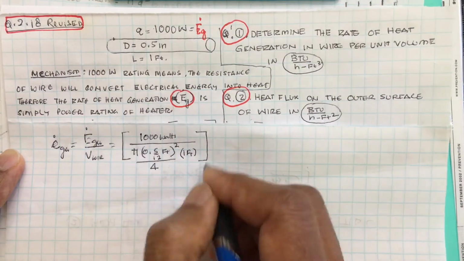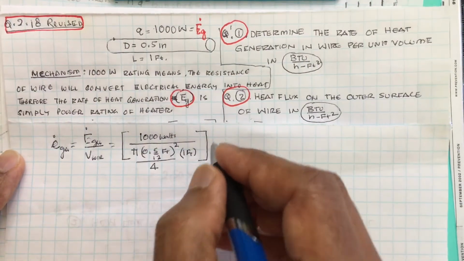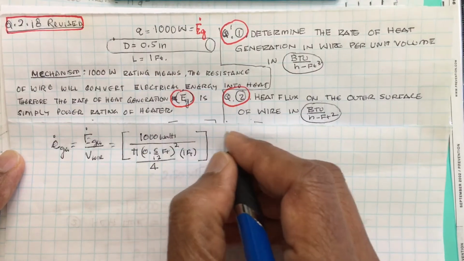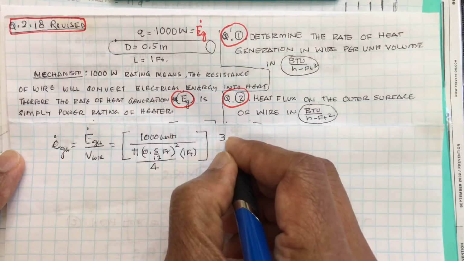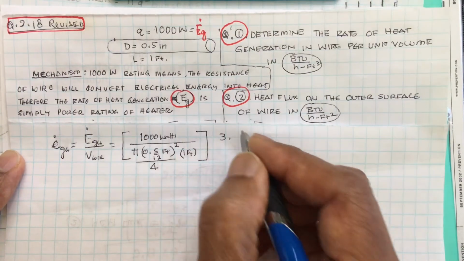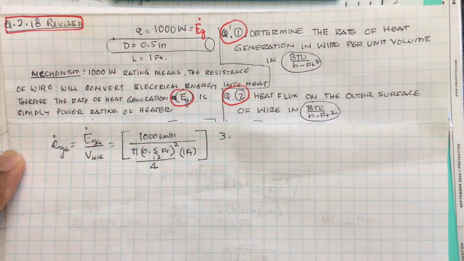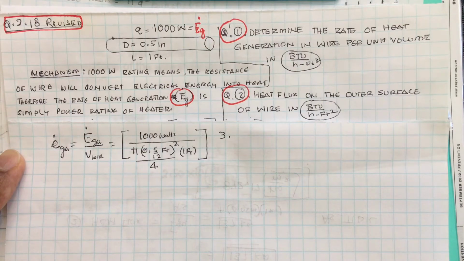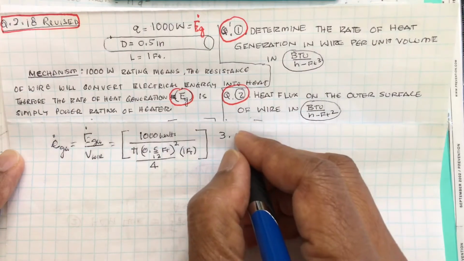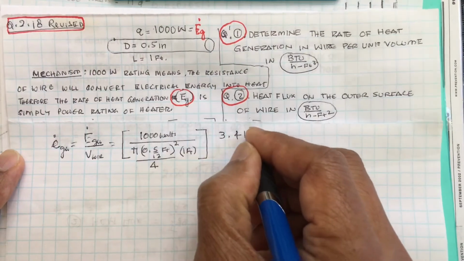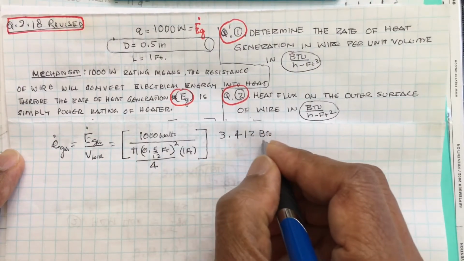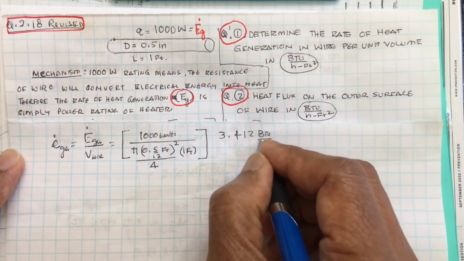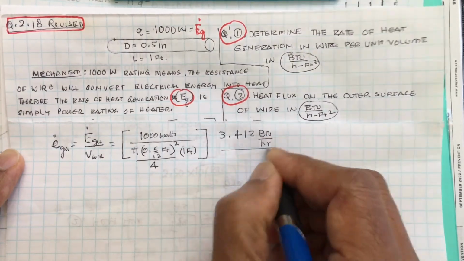The whole thing has to be multiplied because we had to convert watts into BTU. 1 watt is 3.412 BTU per hour.